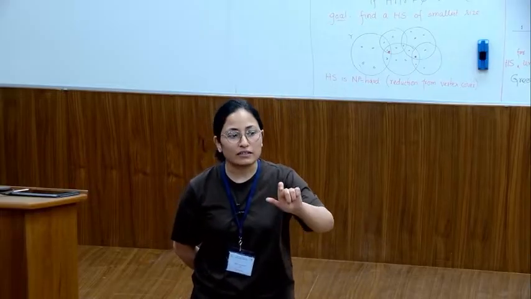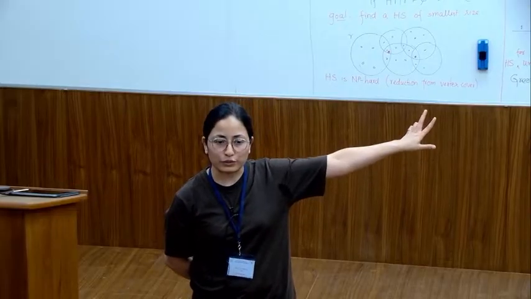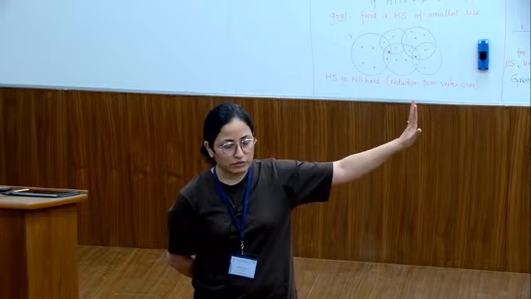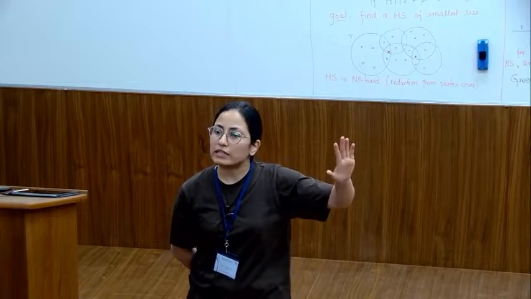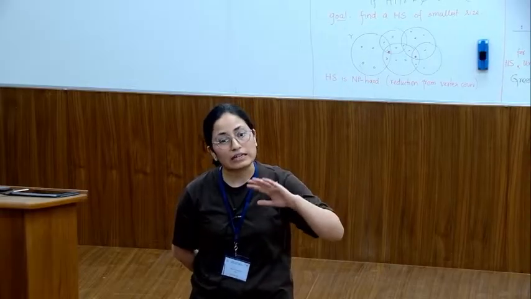Can you shatter a set of size 5? No. Why? Everyone can see that a set of size 4 can be shattered if you take the union of 2 disjoint intervals, which means that the VC dimension has to be at least 4.